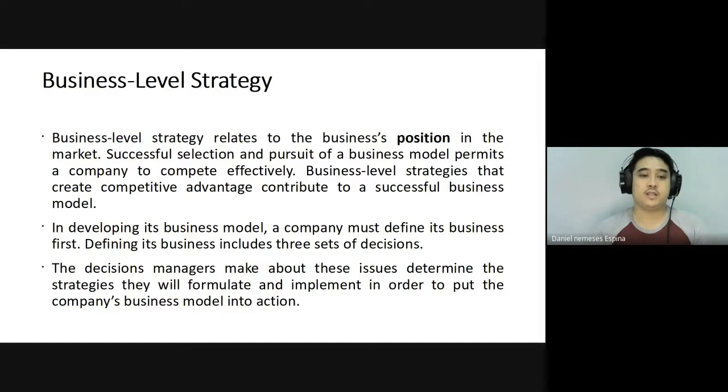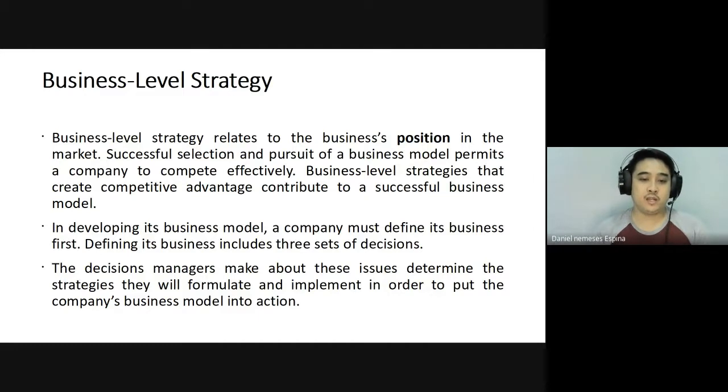Business level strategies that create competitive advantage contribute to a successful business model. As we have already defined, a business model is a series of strategies on how the business will satisfy the needs of their target market.